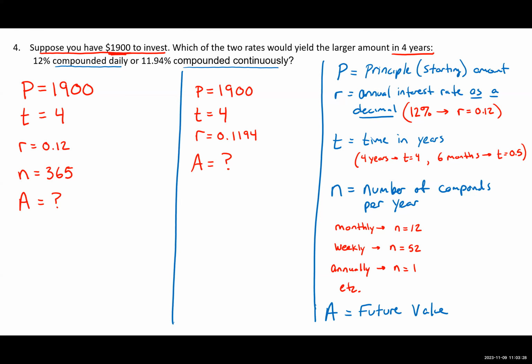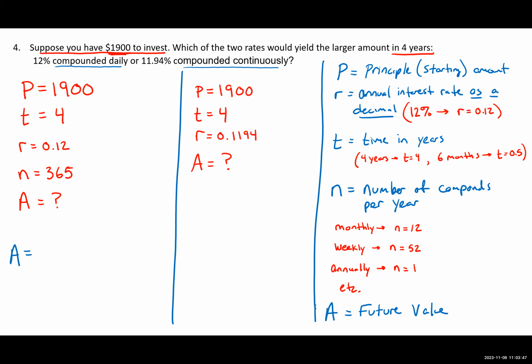This is a very brief explanation of this idea of interest. I could spend an hour and a half talking about the intricacies of where these formulas come from and deriving them, but I'm just going to give you the formula.